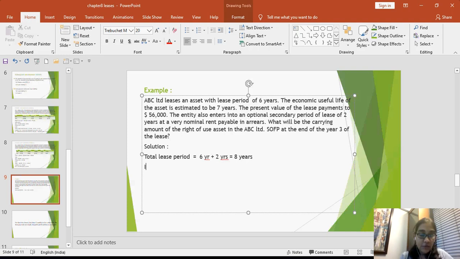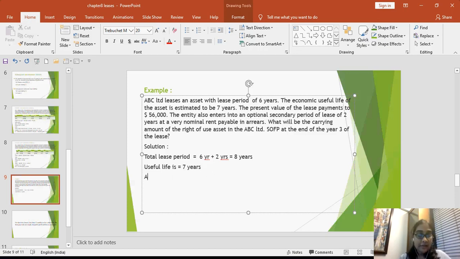What is the useful life of the asset? The useful life is only 7 years. Now, as I had said earlier, whenever the ownership does not transfer, you will depreciate the asset over the period whichever is shorter. So the lease period is 8 years and the useful life is 7 years.